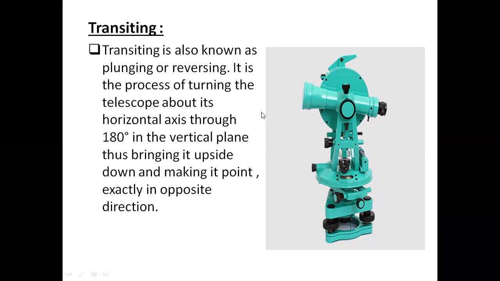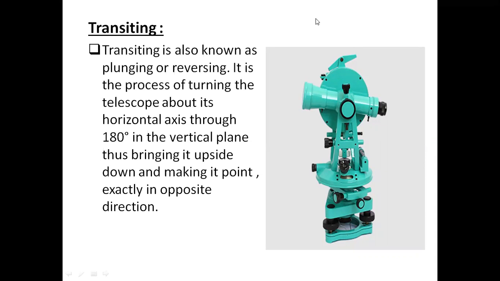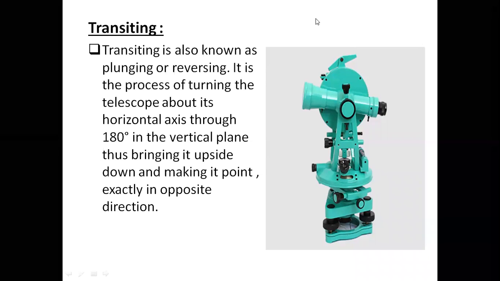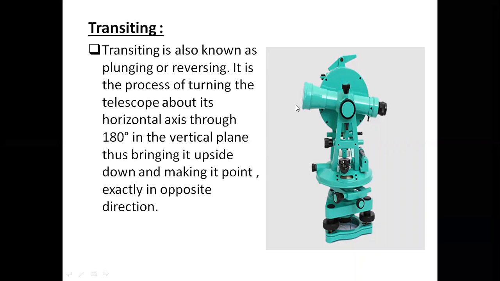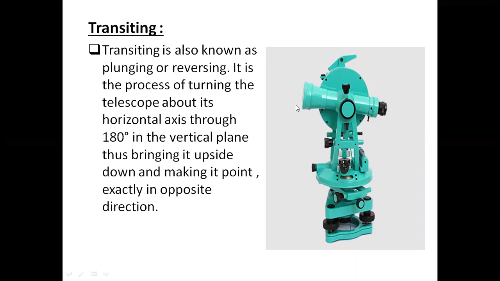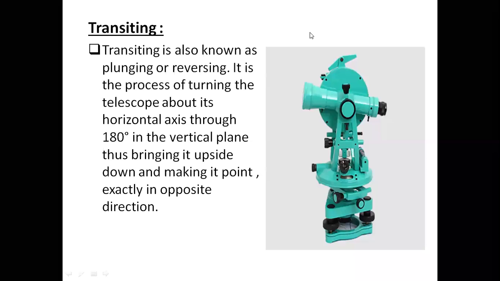Why do we do transiting? Because this is a mechanical instrument, and for any mechanical instrument there are chances of instrumental error. Many times the line of collimation, I will tell you what that means in the next point, but just think, there are some things which get disturbed by using the theodolite. So we have to take readings by left face and right face, means by transiting.